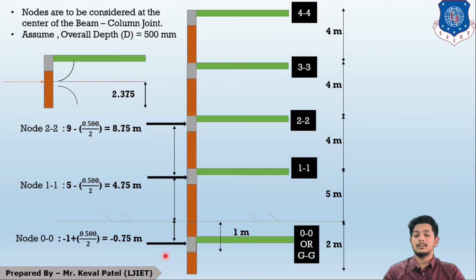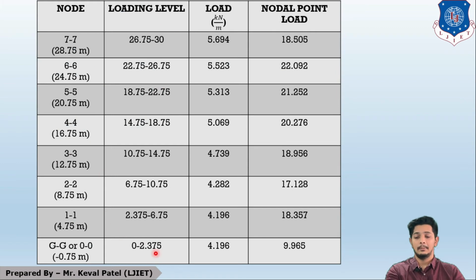Here, if we focus on the ground story only, we can understand this image. Understanding this is very important. Now, I am finding out half of the range, or we can say the loading level, for the ground story. We have to start the ground story from the ground line, right? So the ground story is, we can say, 0 to 4.75 meter height, and half of that will give me the range. That range will be used as the loading level in this table.